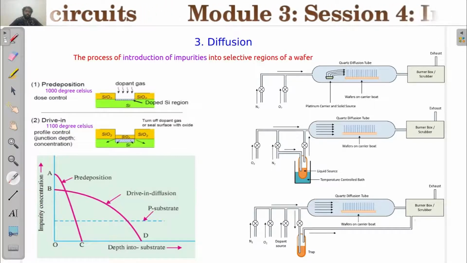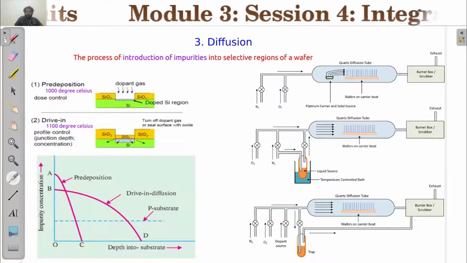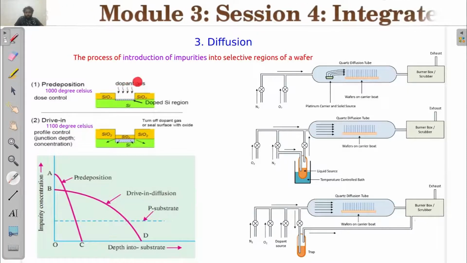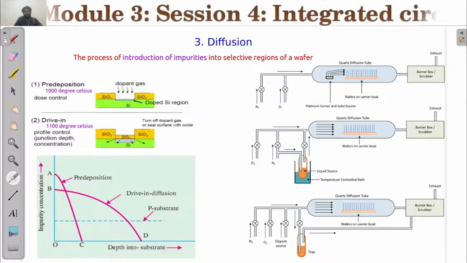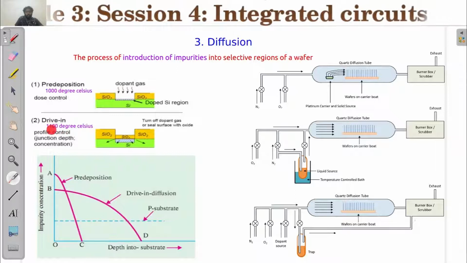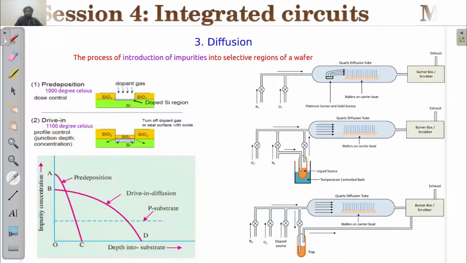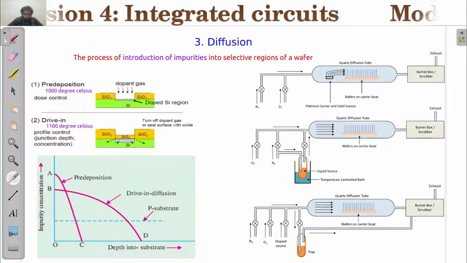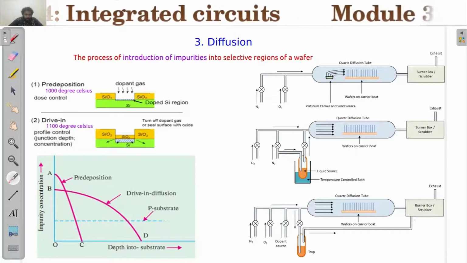That happens in the second step, drive-in diffusion, where we stop the dopant gas introduction and apply a temperature of 1100 degrees Celsius, kept for a defined time.